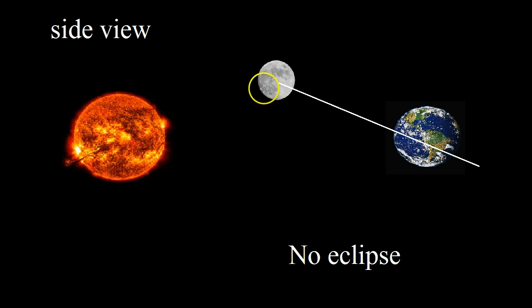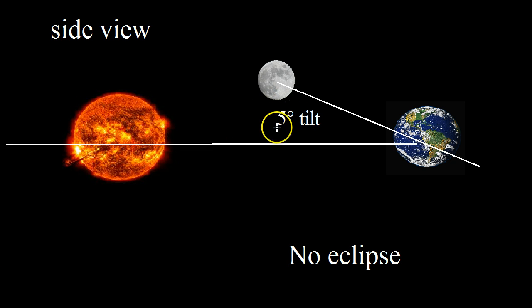The orbit of the Moon around the Earth has a tilt of 5 degrees. So when the Moon is orbiting around the Earth, it does have a 5 degree tilt compared to the orbital plane of the planet Earth.